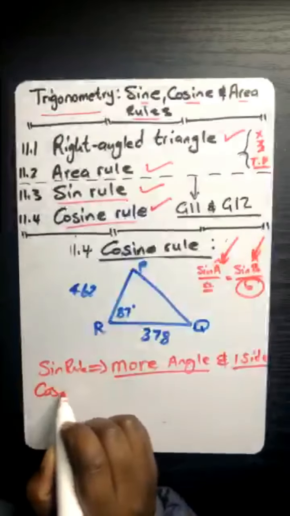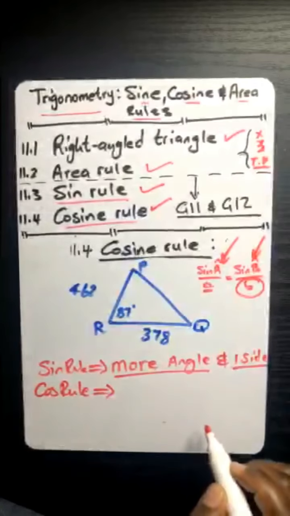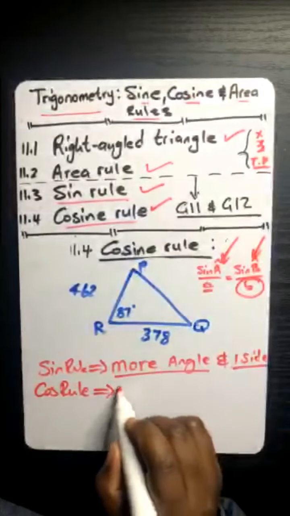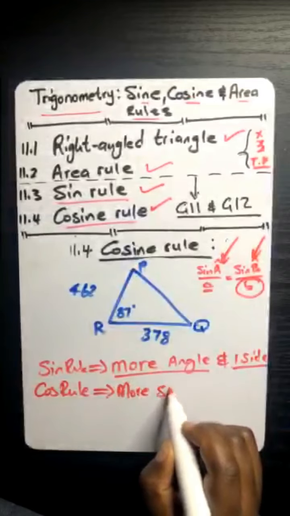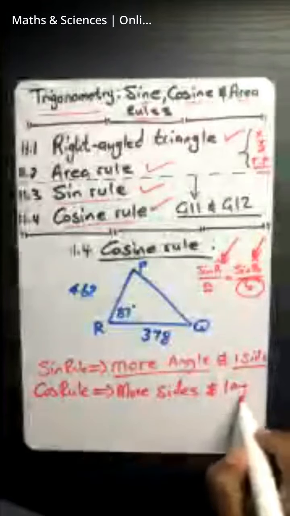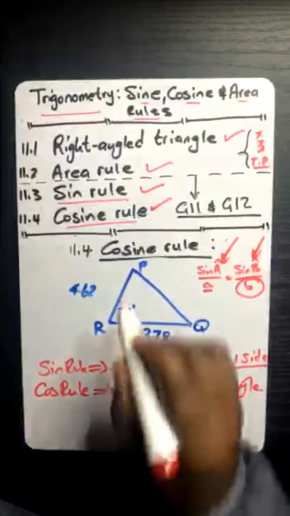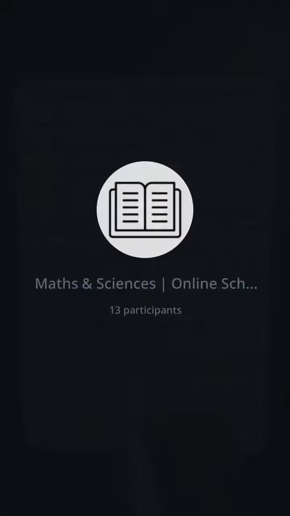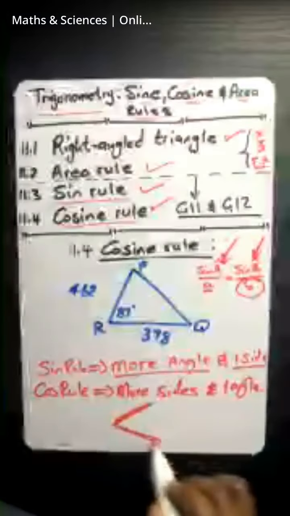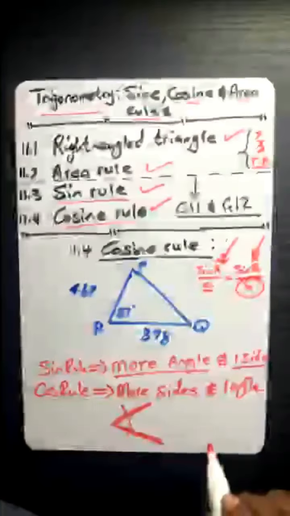You only use the cosine rule if you have more sides, vice versa. If you have more sides, one angle is enough, because you are going to deal with one side, another side, and just one angle.